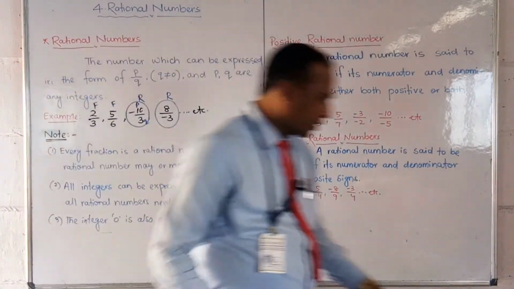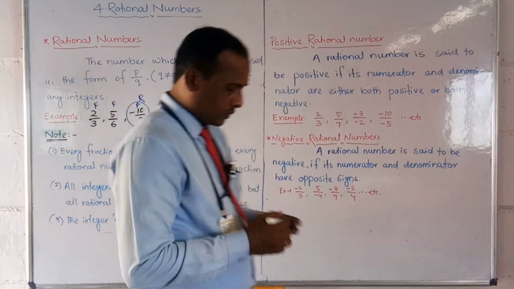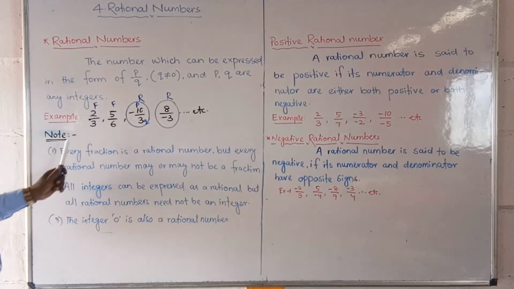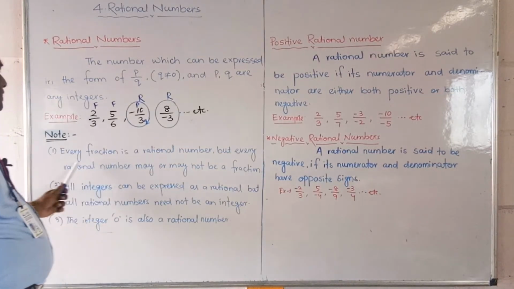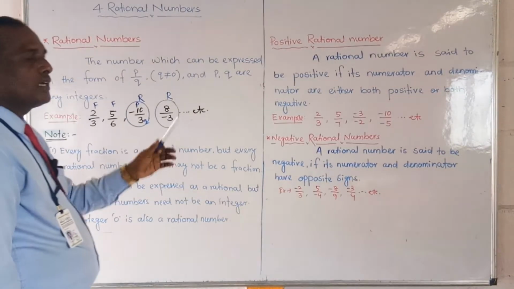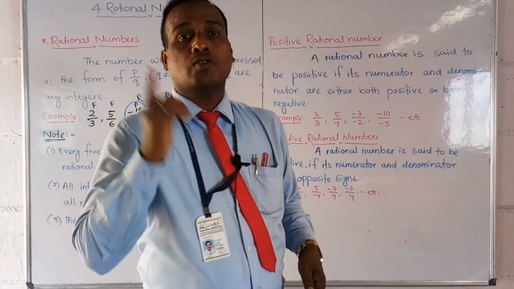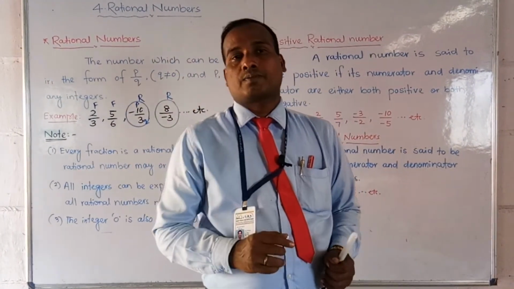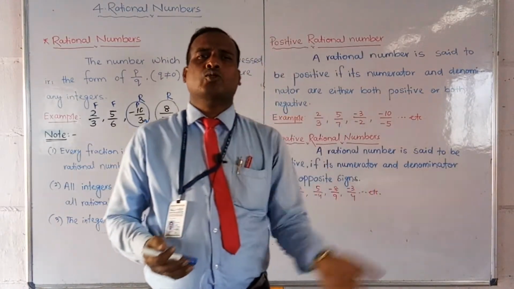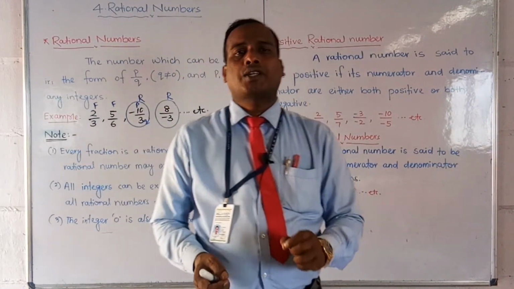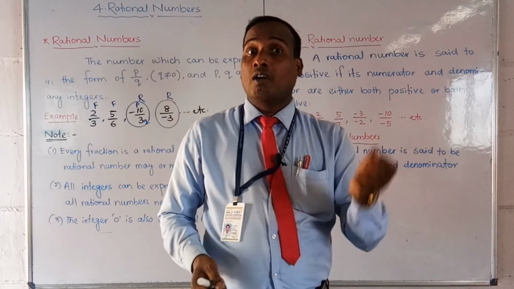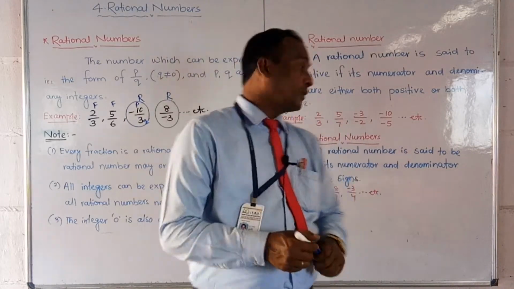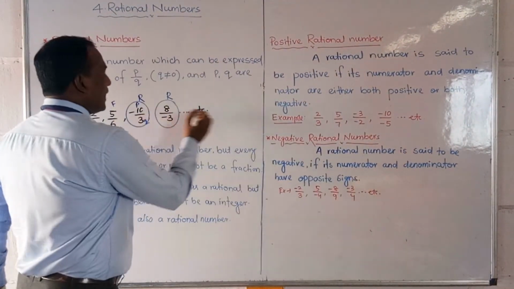Next, note that, students, remember some important points about rational numbers. You have to remember these 3 points. Every fraction is a rational number, but every rational number may or may not be a fraction. First condition: every fraction, whichever fraction you say, is a rational number. But all rational numbers need not be fractions. Suppose I say minus 10 by 3.